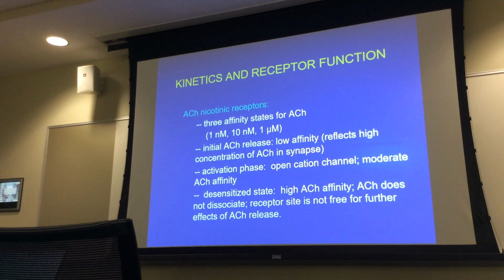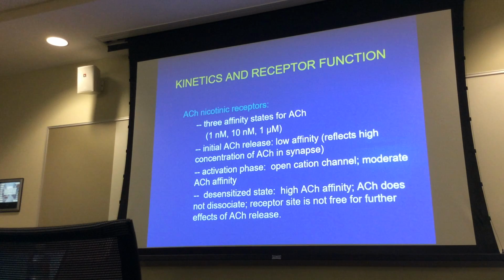Normally, this very high concentration of acetylcholine will bind to the nicotinic receptor, and because it has such a low affinity, remember the relationship between affinity and dissociation, the acetylcholine will come off almost immediately. So there's a very rapid influx of cations, then the acetylcholine dissociates, it's hydrolyzed by acetylcholinesterase, and the channel closes. So the whole system is designed to open and close very quickly. That's how this whole thing works.